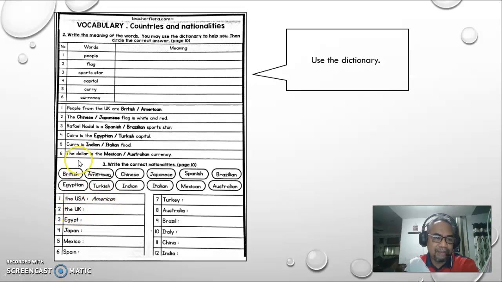For the UK, based on the sentence, it is British. You write British there. And then we have Egyptian, Turkish, Chinese, Indian, Japanese, Italian, Spanish, Mexican, Brazilian, and Australian. Complete them based on their nationalities and countries.